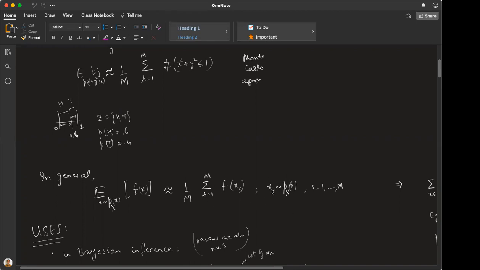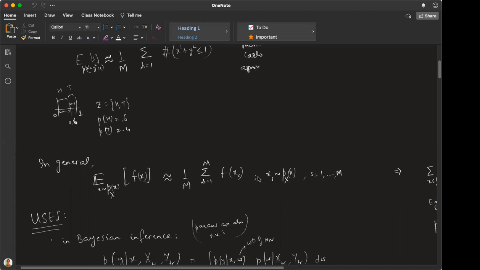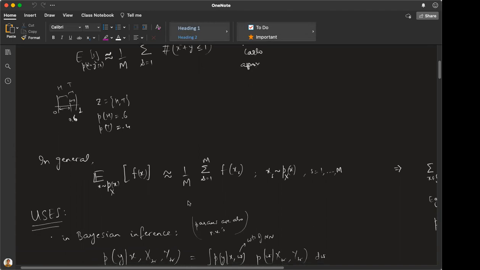All those random samples you use to compute the average value of f over them, and this quantity is approximately equal to the expected value of f(x) when x is sampled from p(x), right? This was the basic Monte Carlo estimation.